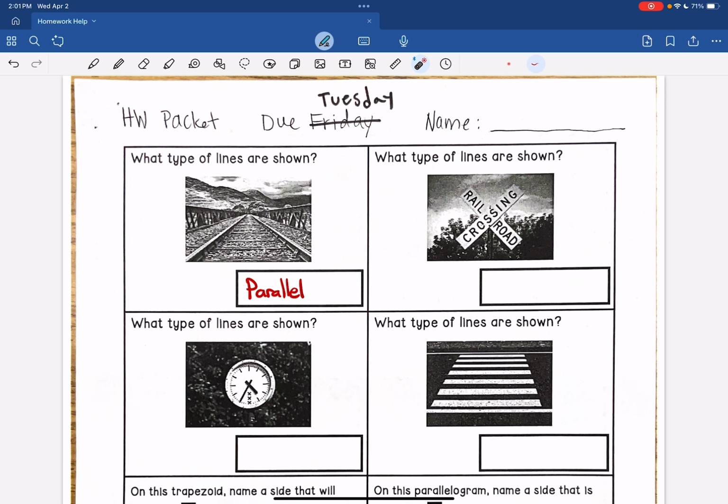All right. The next one, what type of lines are shown? And then it shows this railroad crossing sign. And we can see that these two pieces of the sign are overlapping or crossing each other to form an X. And so if these were lines, we would say that these are intersecting lines.